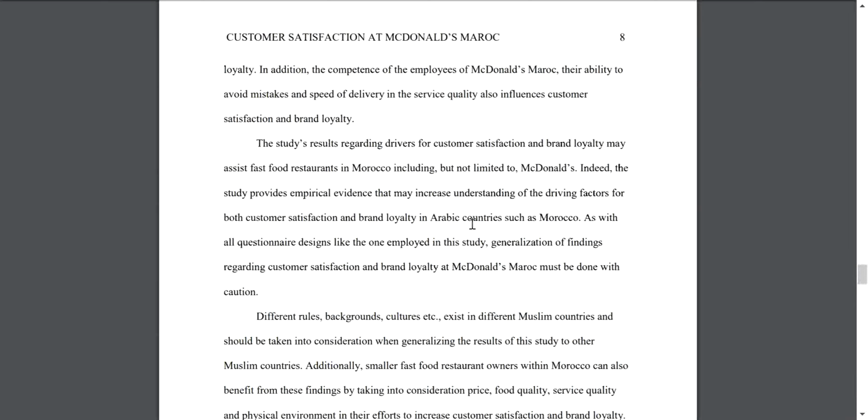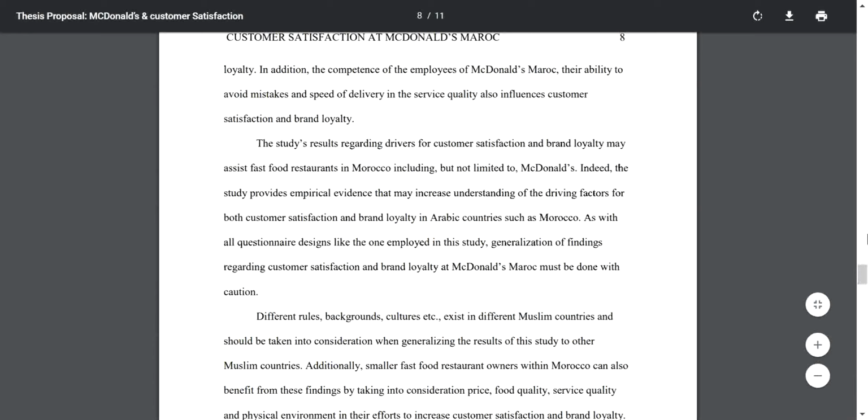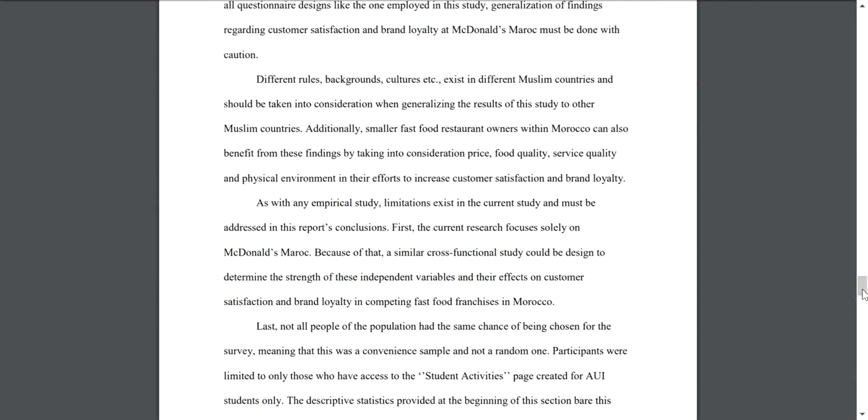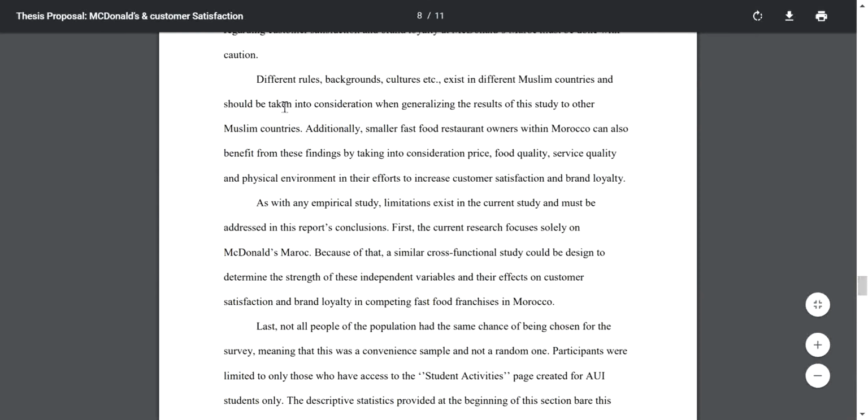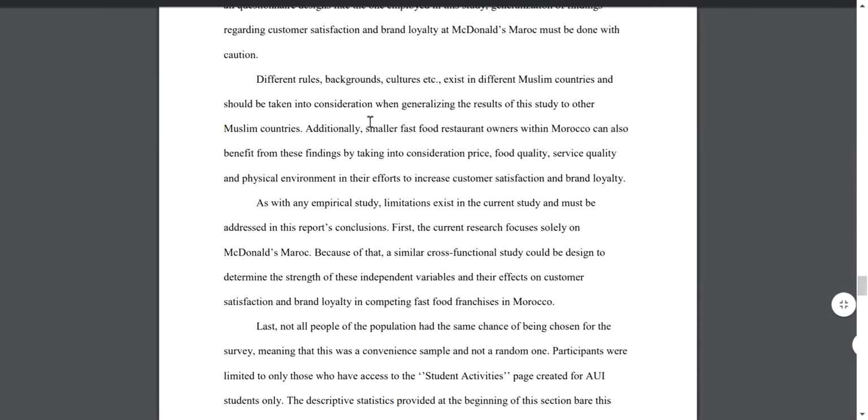As with all questionnaire designs like the one employed here, generalization is limited. You don't need to worry about that because you didn't collect primary data in this assignment, so you can disregard something like that. But again, without having to go and just write one of these papers myself, because honestly, I don't have time to, I'm using Amar's paper as an example.